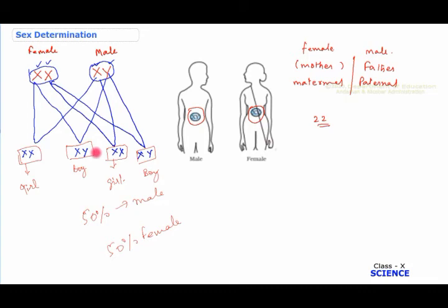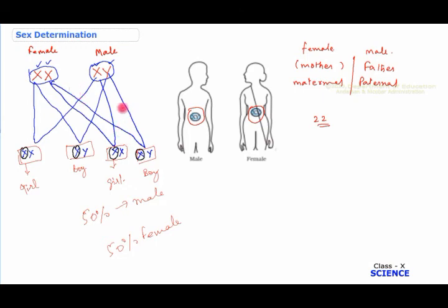All children will inherit an X chromosome from their mother regardless of whether they are boys or girls. As you can see very clearly, in the first case the X is obtained from the female, in the second option also, in the third instance also, and the fourth case also we get X from female.